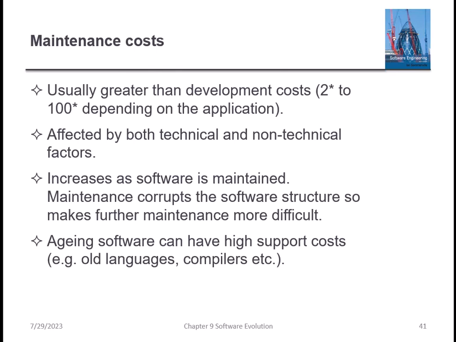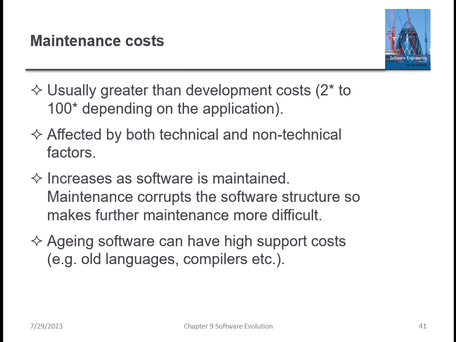Maintenance cost is affected by both technical and non-technical factors. Technical factors include system architecture, the code, the technology, etc., while the non-technical factors include training, documentation, etc. Maintenance cost normally increases as software is maintained.